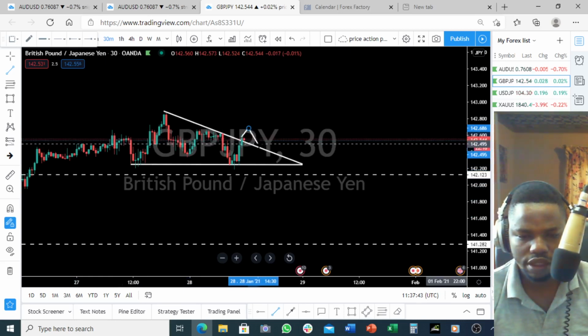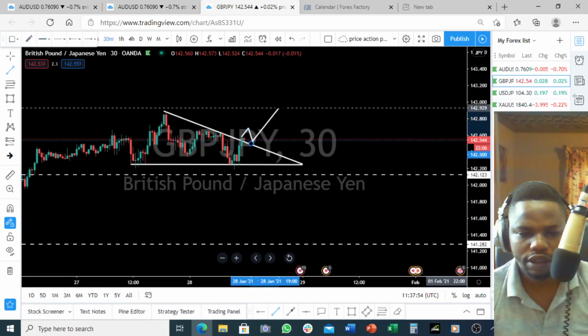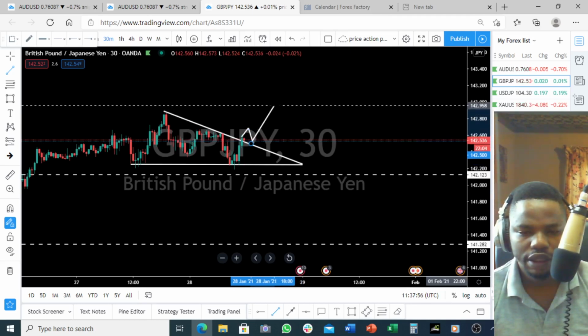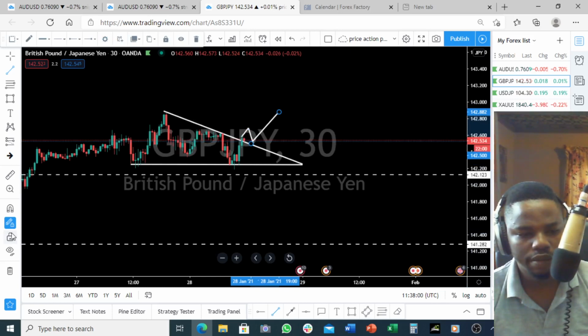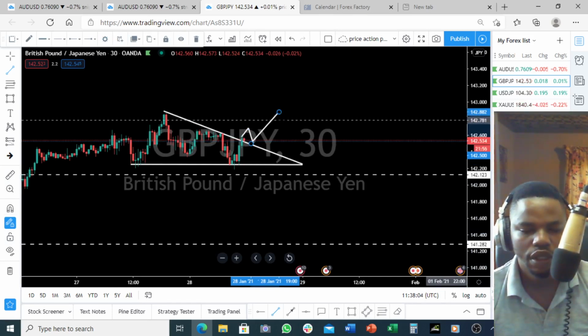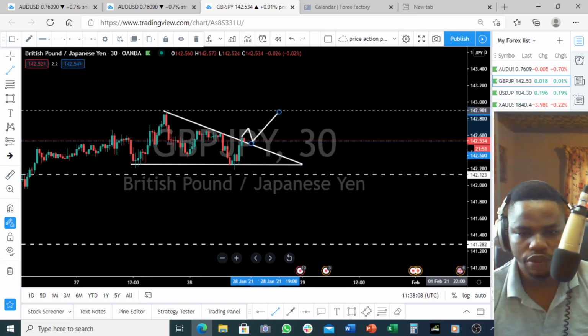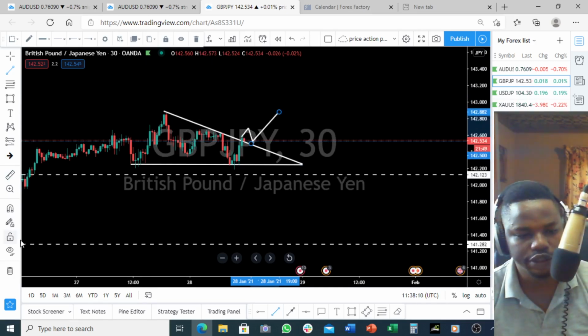If it touches the line, it will be based off that support, then move up. Then it is up to you how you will determine your profit. Then you carry on reaching this level. Maybe your risk management will come into play here, then going up, because we know what we are targeting at this point.